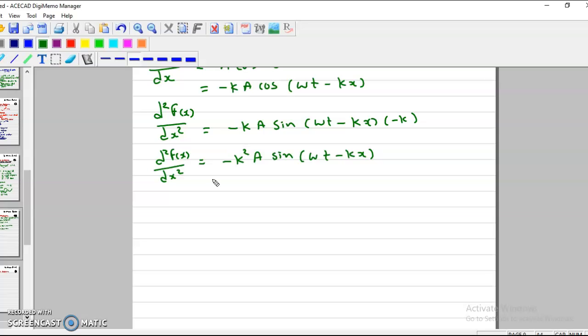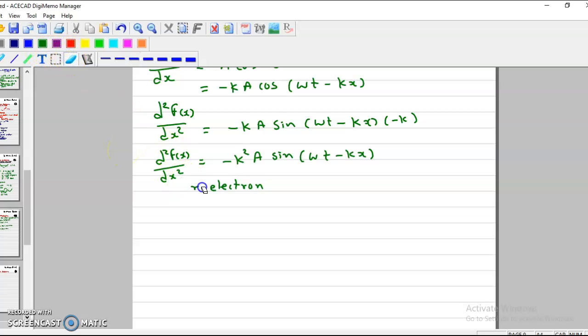Now, for the electron, we can first simplify this equation.